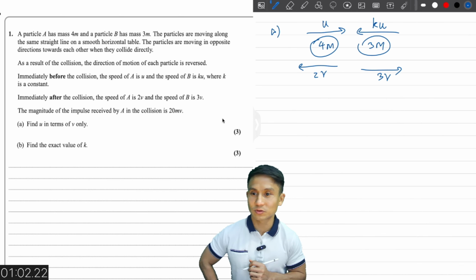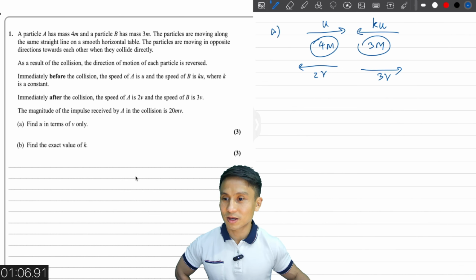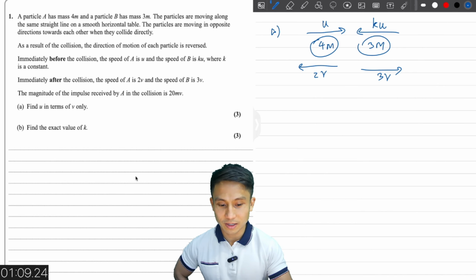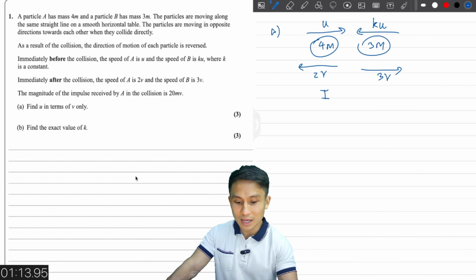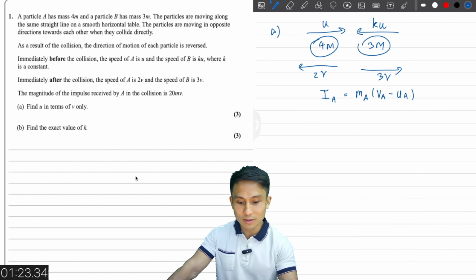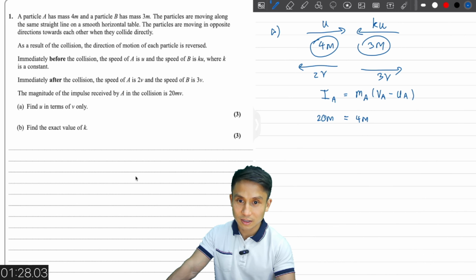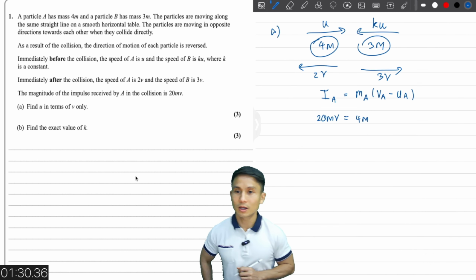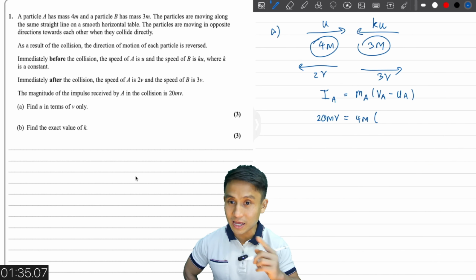The magnitude of impulse received by A in the collision is 20mv. Find u in terms of v only. So for impulse received by A, we need to calculate the change in momentum of A, so m_A(v_A minus u_A), and m_A is just 4m. The impulse we got to be 20mv.